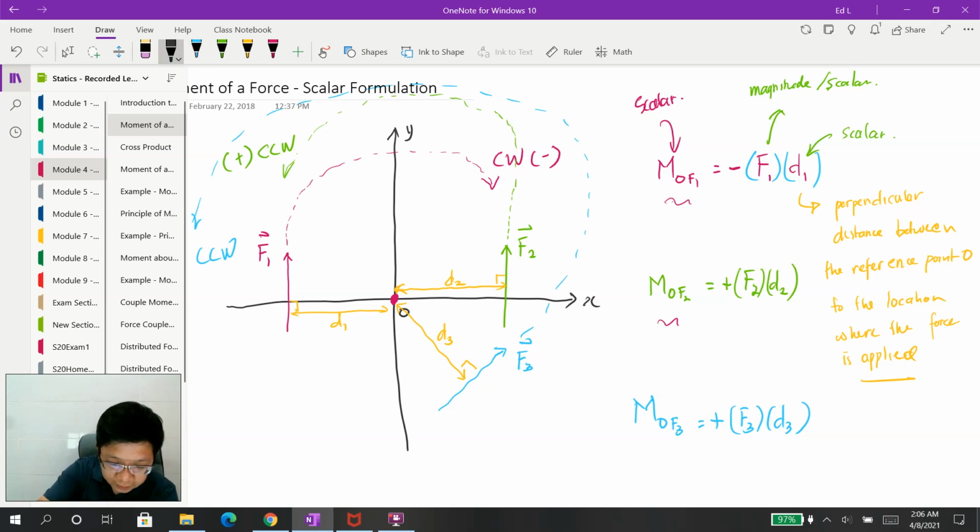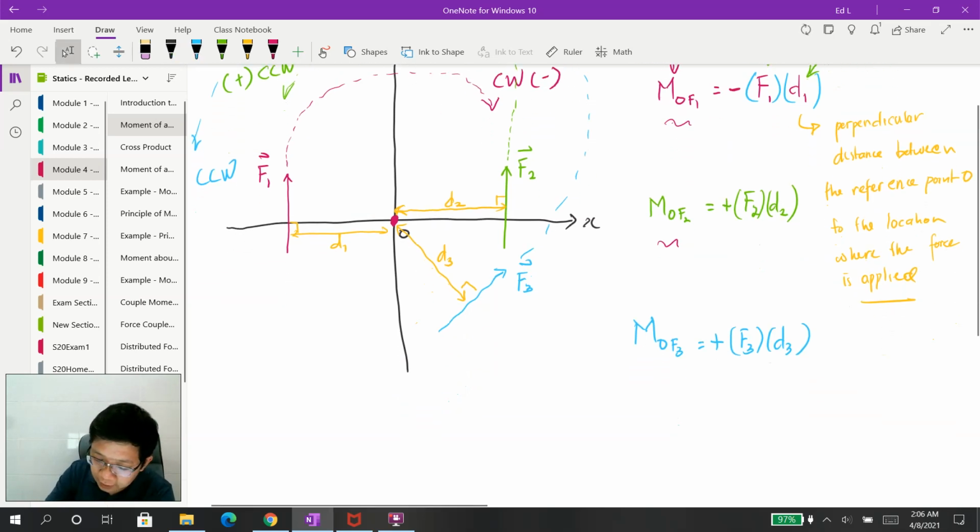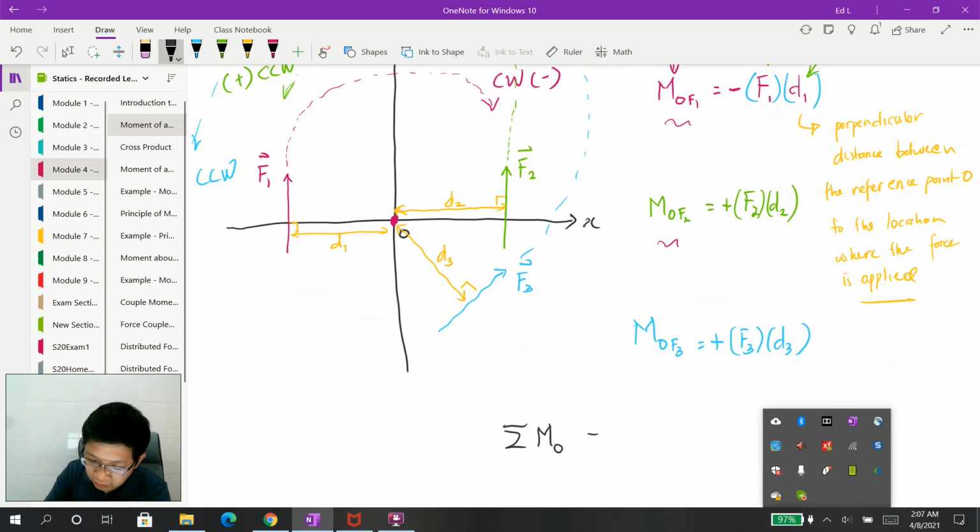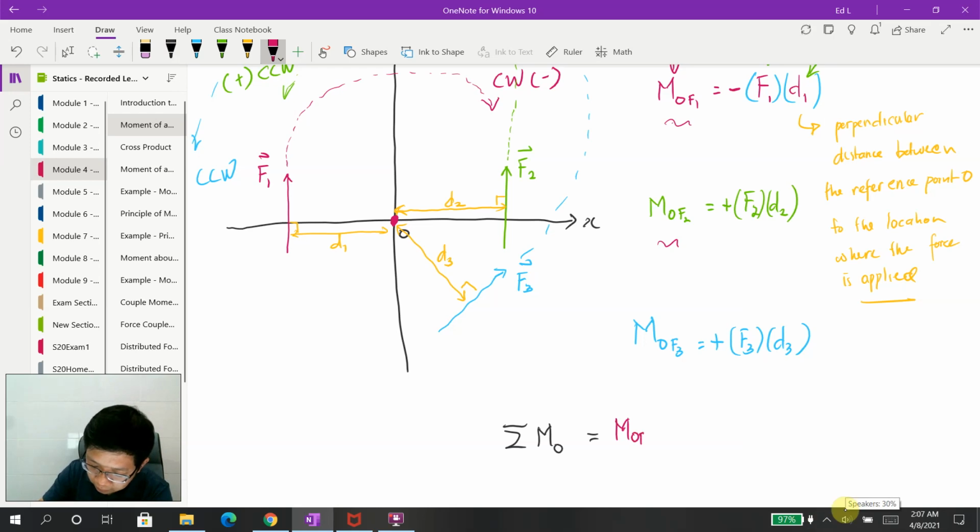And one last thing: if we try to add up the moments about point O due to all of these forces F1, F2, F3, what we need to do is add up MO F1 plus MO F2 plus MO F3.